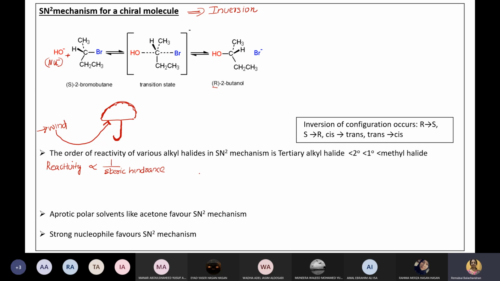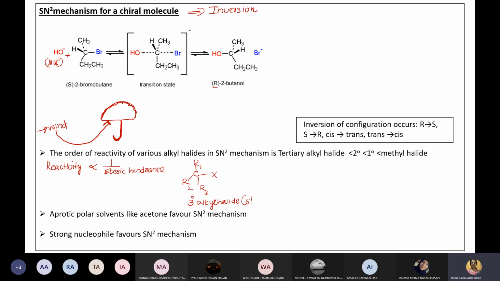Look here. Suppose we have a tertiary one: C, R, R, R. It can be same or different. I just wrote all of them, R1, R2, R3. It does not make any difference. This is tertiary alkyl halide. It's least reactive.